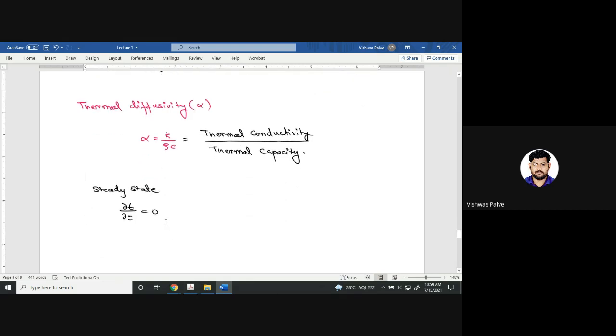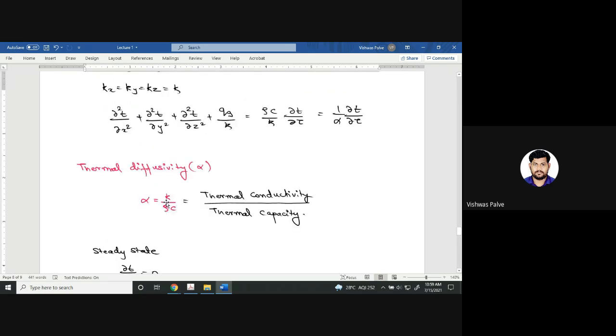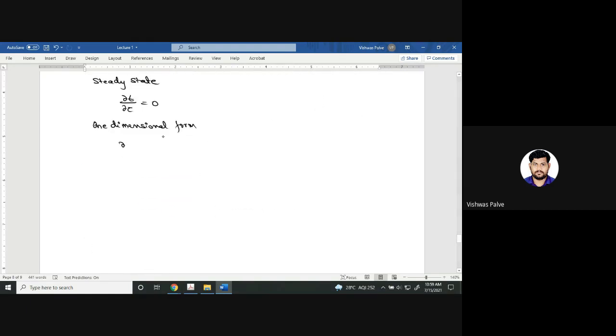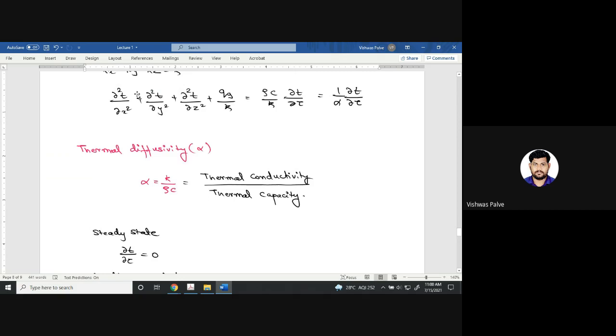And if it is one-dimensional, then dou t by dou y will tend to 0, dou square t by dou y square is 0. Similarly, dou square t by dou z square will be equal to 0. Right? This term will be equal to 0.